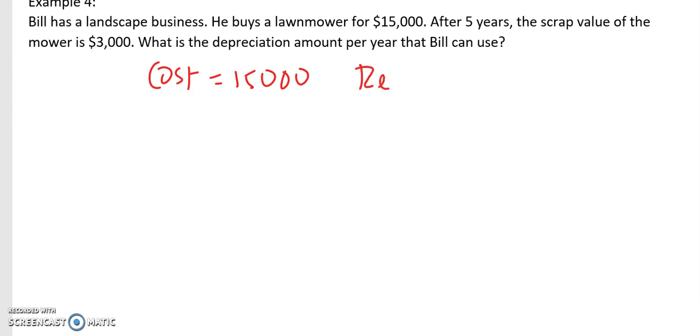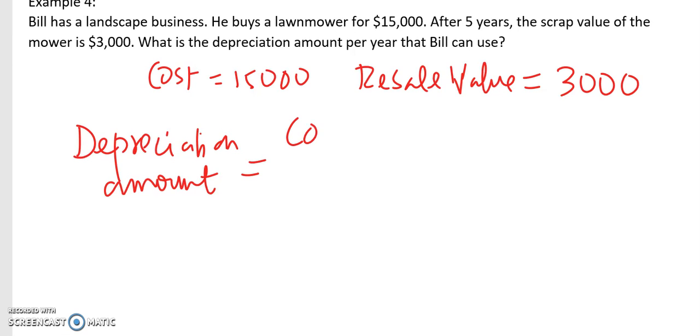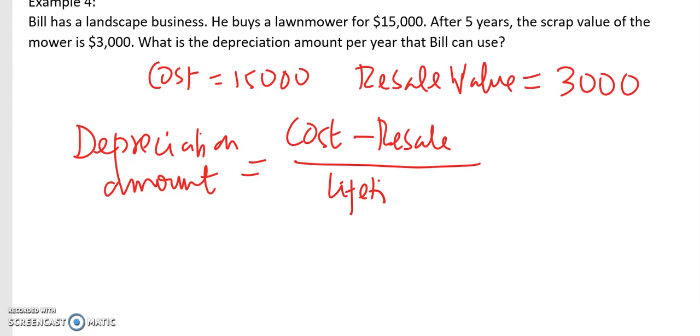So the resale value is going to be equal to 3,000. Okay. The depreciation is done for 5 years. So the depreciation amount is going to be equal to what we did before, the cost minus the resale value divided by the estimated lifetime.